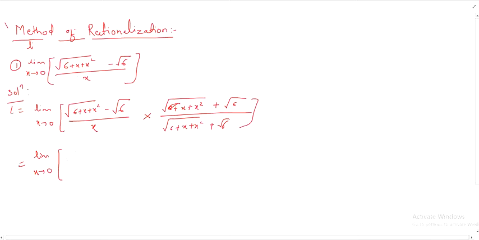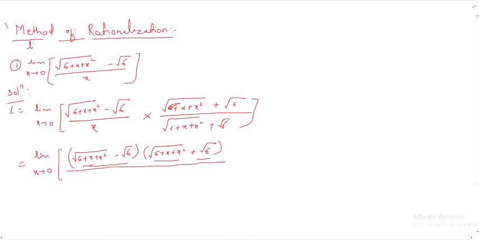If we look at the numerator, it is of this type: root of 6 plus x square minus root 6, this is one term, and the other factor is root of 6 plus x square plus root 6. So this is a minus b and this is a plus b, so we can collectively write a square minus b square.